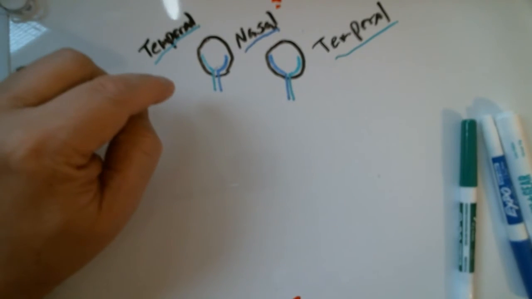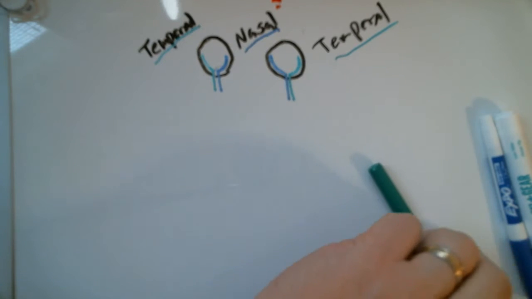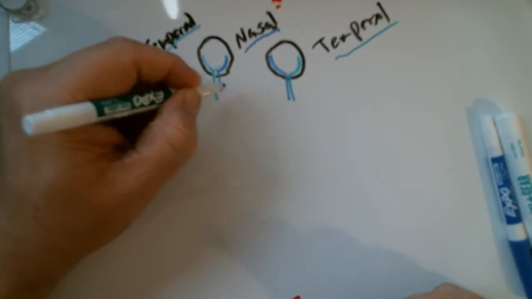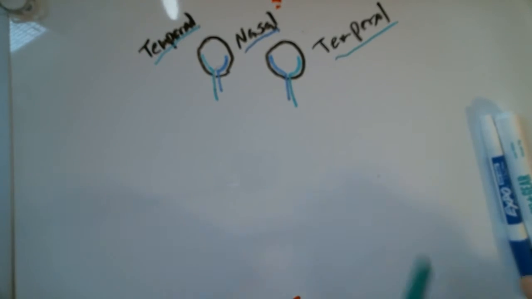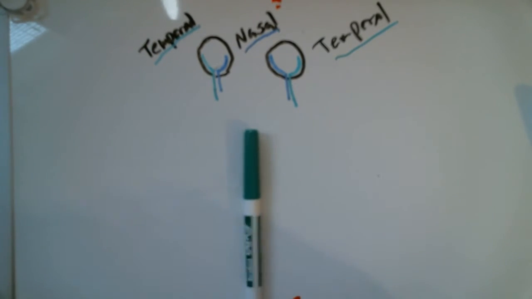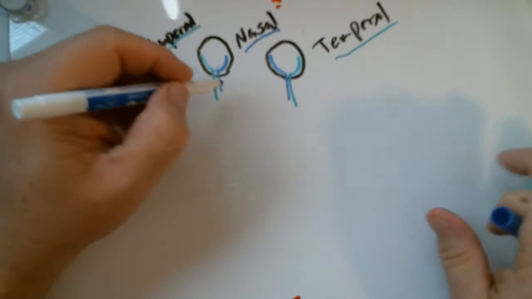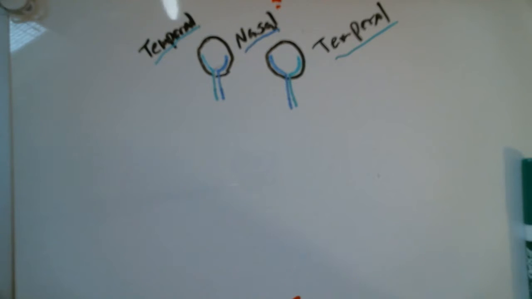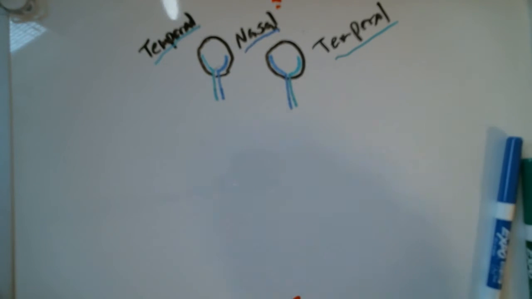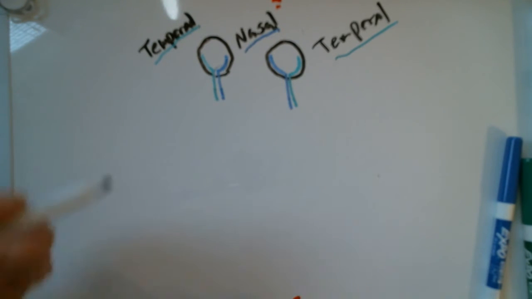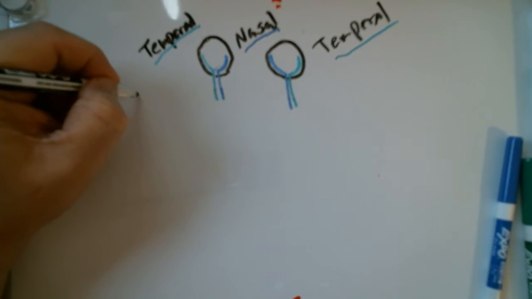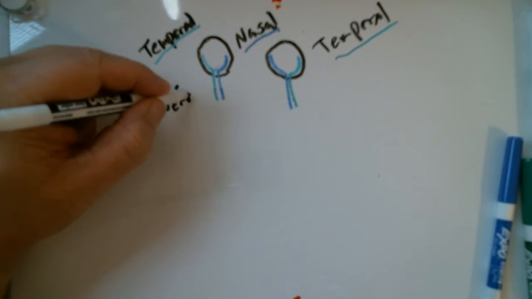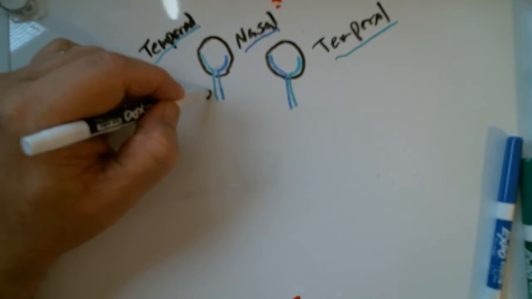Now they come out here together like this, just like I drew them. And at this point, where the 2 of them are traveling together, encased in one, right up here, we call that the optic nerve. That's this part right there.